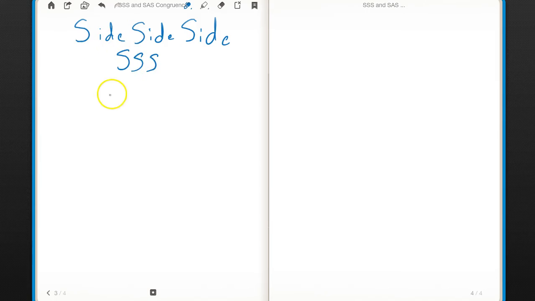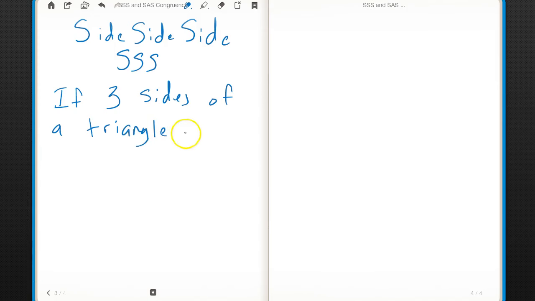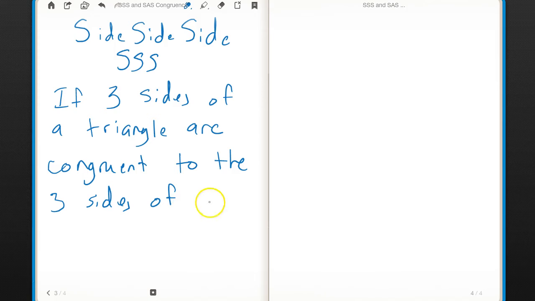S, S, S. This means if three sides of a triangle are congruent to the three sides of another triangle, then those triangles are congruent.